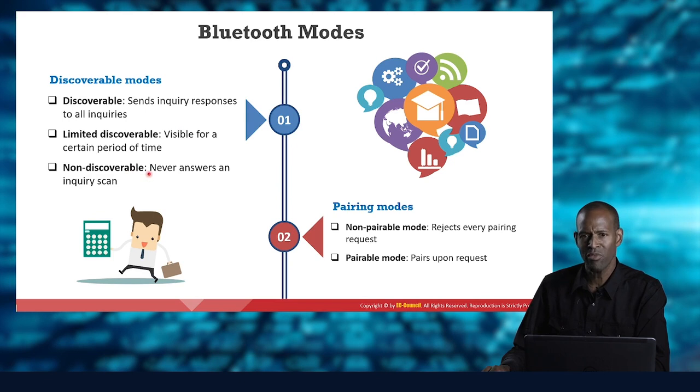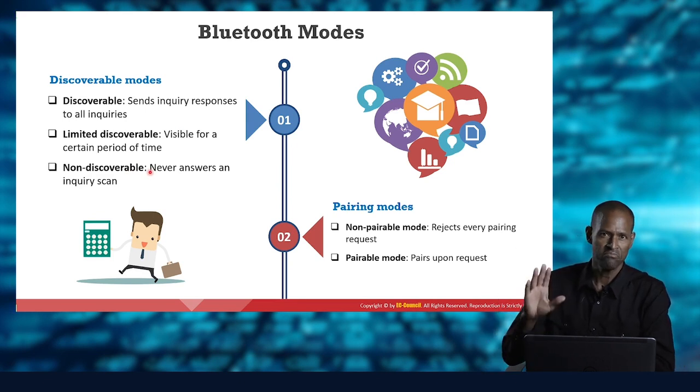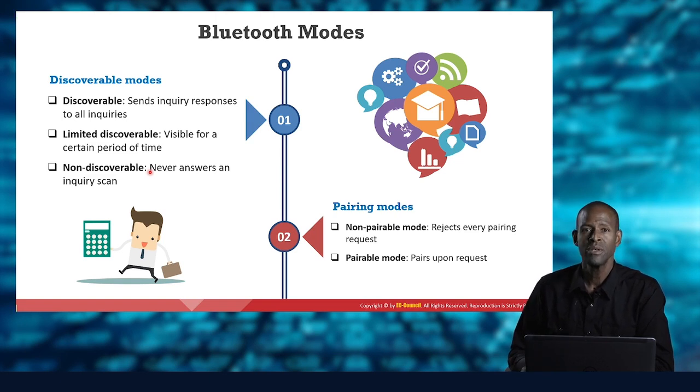A non-discoverable device is like, nope, not answering, sorry, I'm running, but I'm not talking to anybody. So it just always says, speak to the hand, to anybody that tries to communicate with any Bluetooth device. Then we also have pairing modes. Non-pairable mode rejects the pairing request. So non-discoverable, non-pairable is the safest way for your Bluetooth device to be.